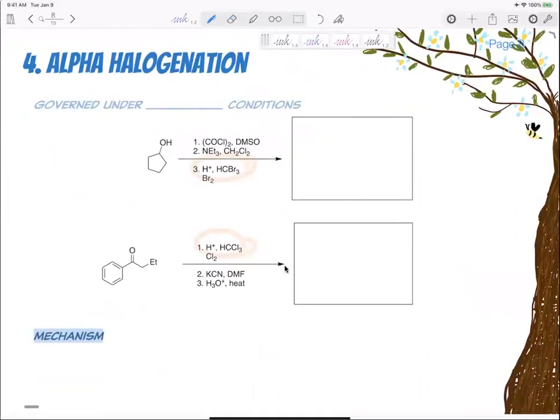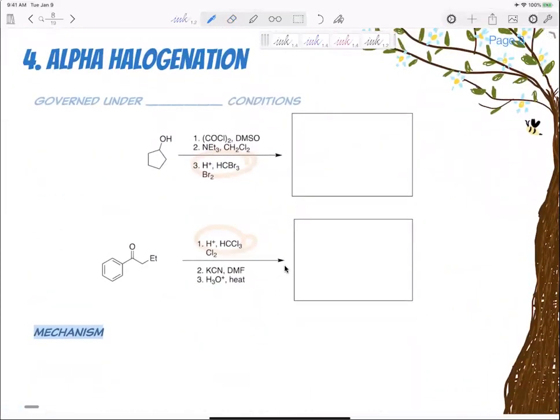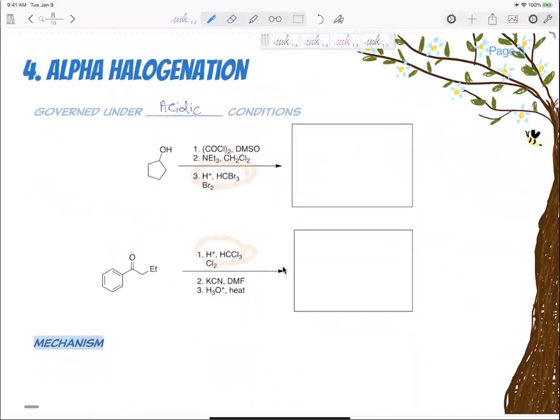All right, can we use hydroxide for the alpha halogenation? No, because this is governed under acidic conditions. Okay, so this is the standard form of reagents that you need to write. What's the first step?